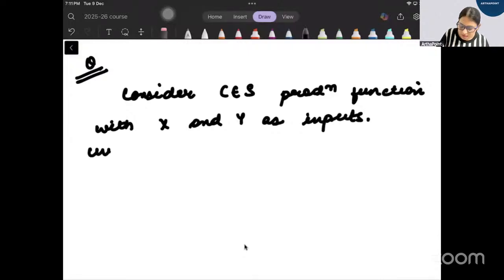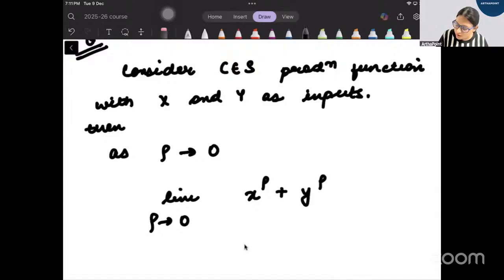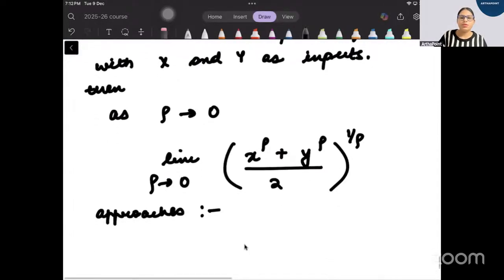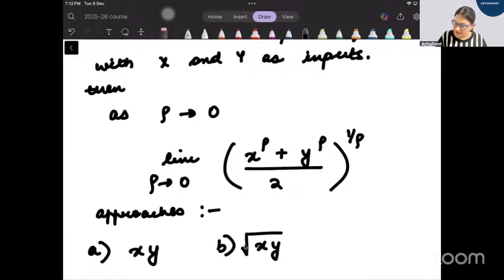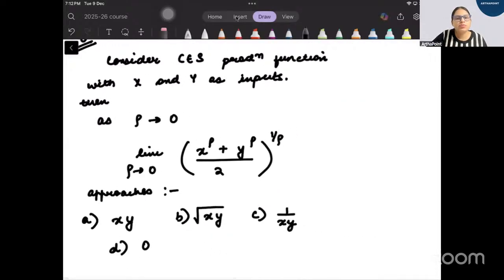Then as rho tends to 0, limit rho tends to 0 of x to the power rho plus y to the power rho upon 2, all to the power 1 by rho, approaches: a, xy; b, root xy; c, 1 by xy; d, 0. Give it a try.